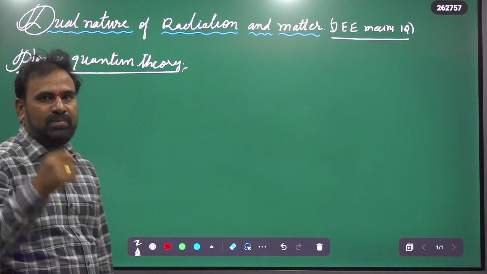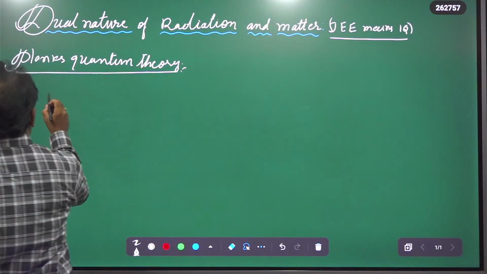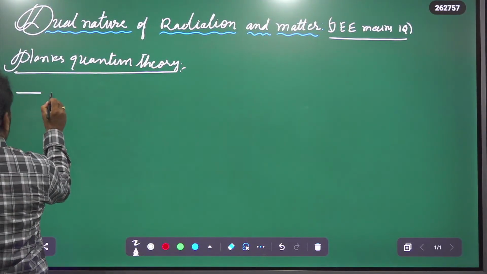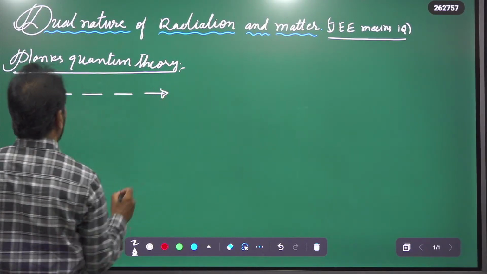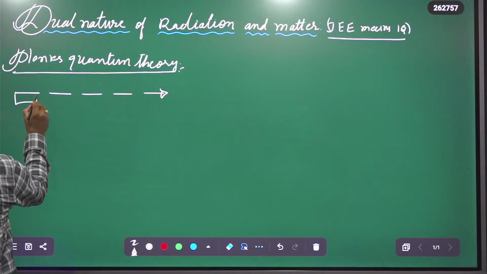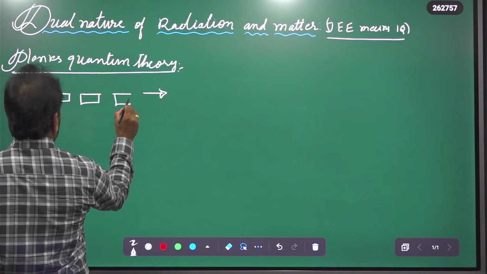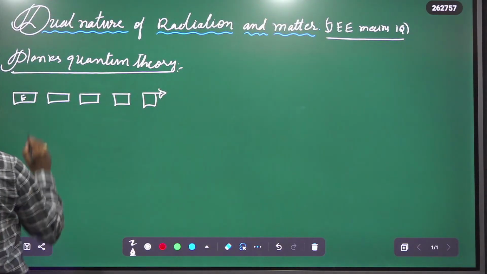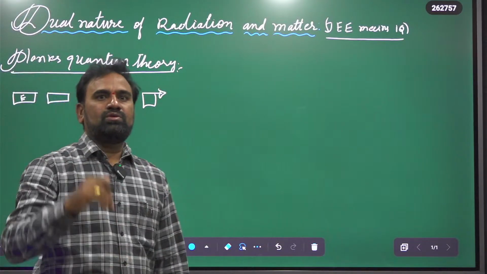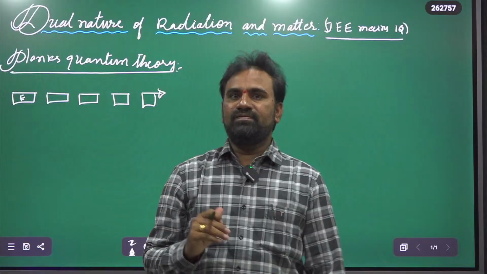the light is propagating in the form of photons like this. So, each photon possesses some amount of energy. The energy of the photon is directly proportional to the frequency.